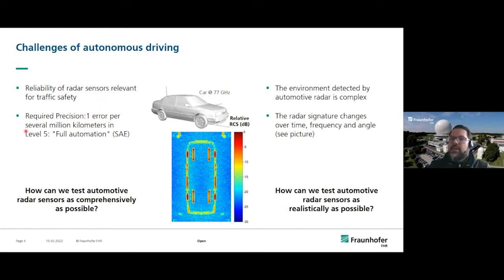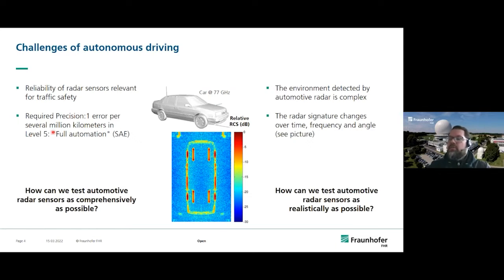If we are looking at level 5, which is full automation, the vehicle does mostly everything by itself. It drives wherever you want by itself without you having to control the steering wheel or anything. This would actually require a precision of one error per several million kilometers, so that you can be sure that this sensor works well with this requirement.